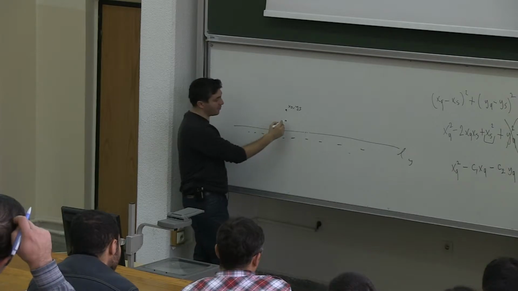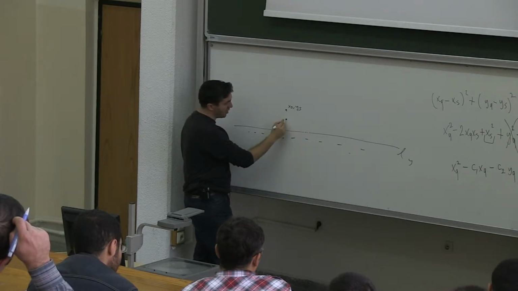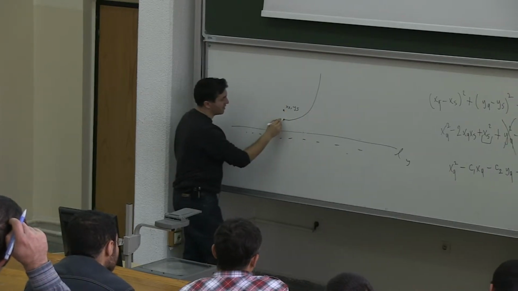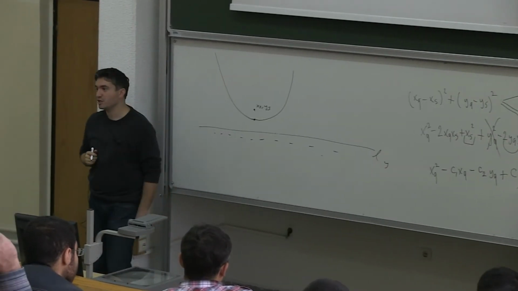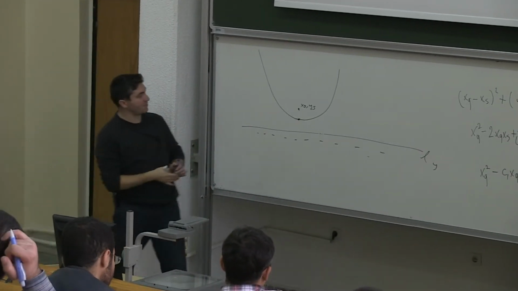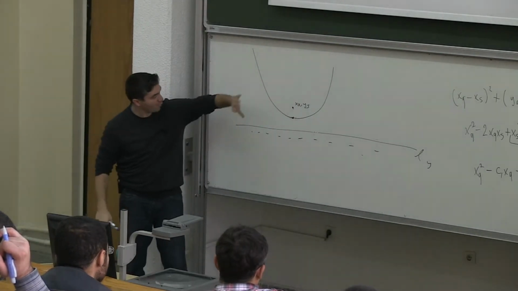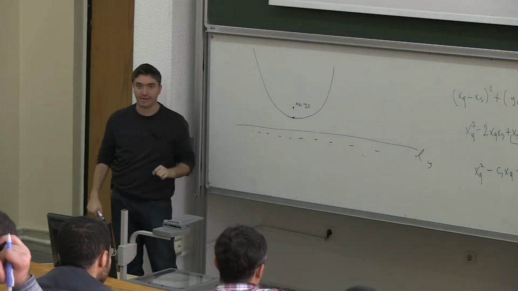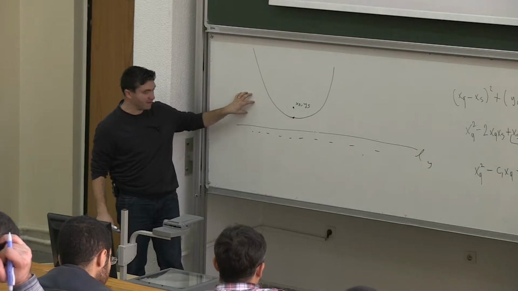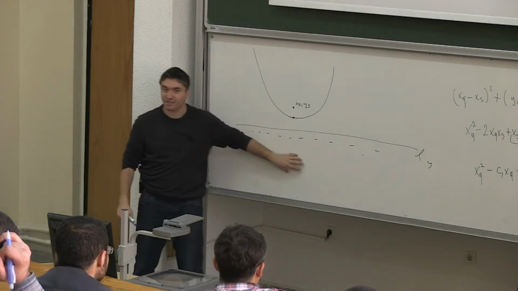Its lowest point is going to be the midpoint here, and it's going to be something like this. All the points within this parabola, we know for sure belong to this site, and any other point here can be claimed by other sites.